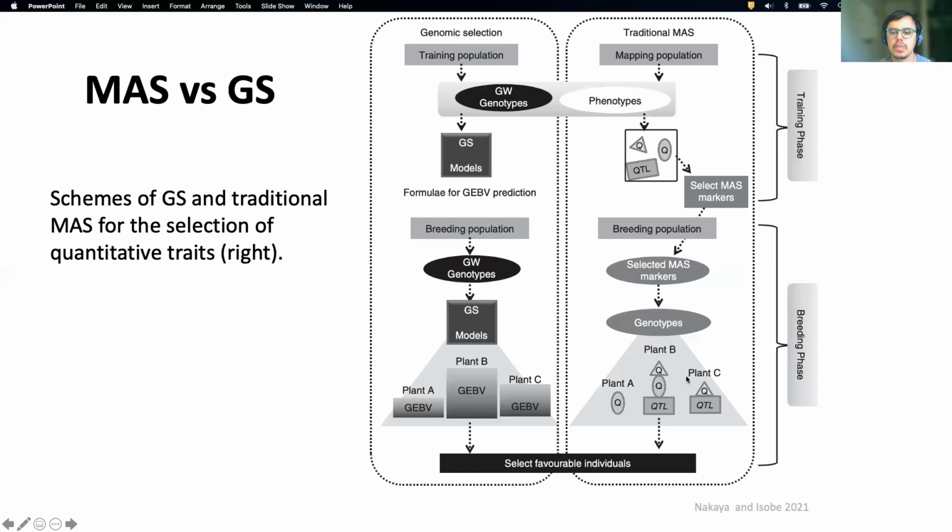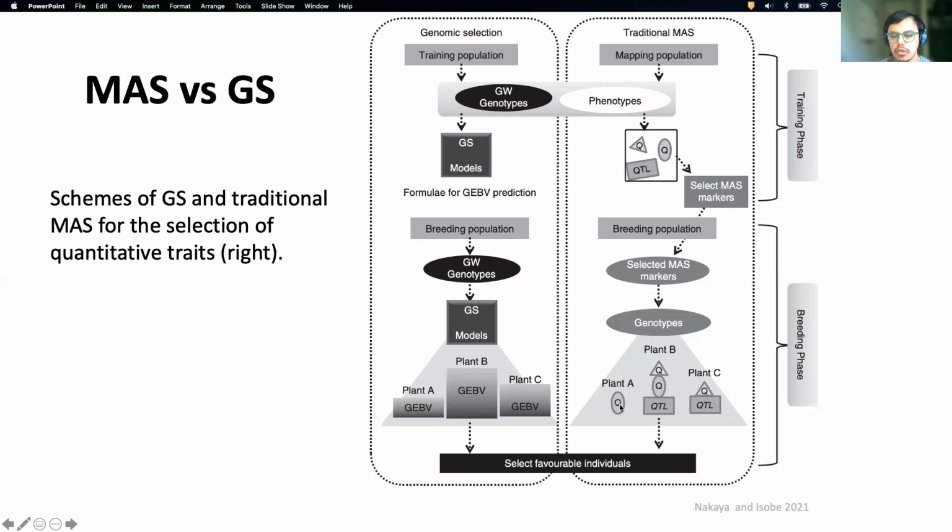And at the end, you are going to run those molecular markers, and basically what you are going to try is to stack or to identify genotypes that have most of the good QTLs that you could identify. For example, here plant B has 3 QTLs, and that means that plant is going to have the highest performance in the trait that you are interested in.